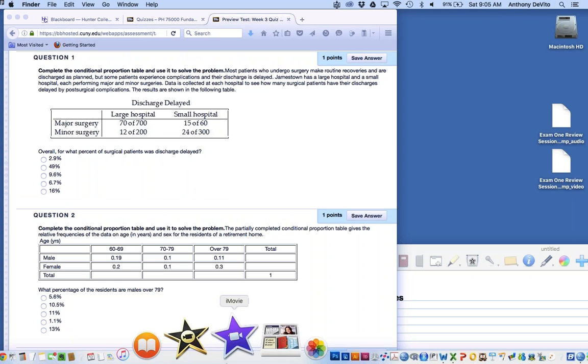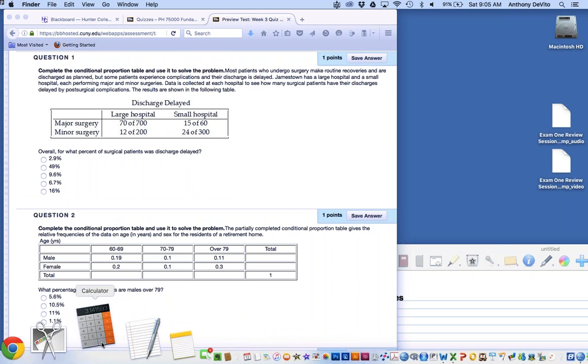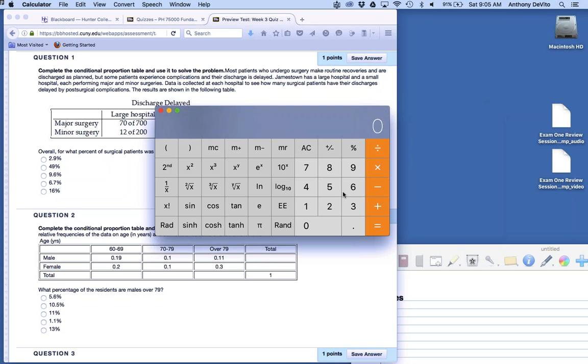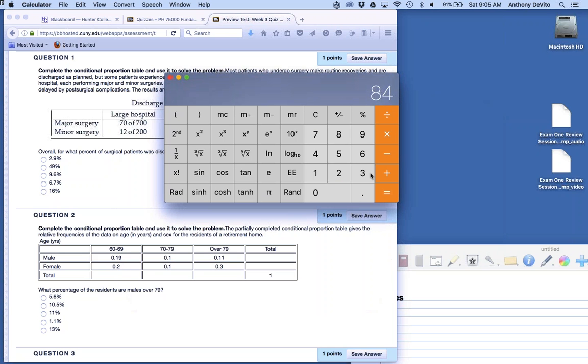And out of that 1260, I'm going to get my calculator out. Out of that 1260, how many were delayed? Well, 84, and I'm going to add them up here. 84 plus, it looks like 39, if I add those together, and I'm going to divide by my 1260.